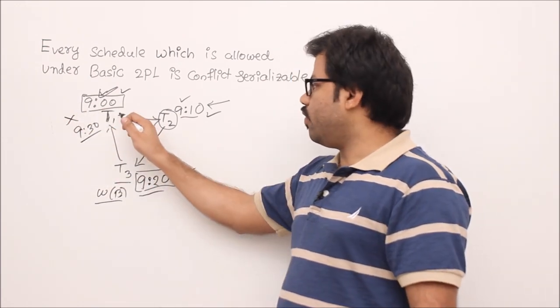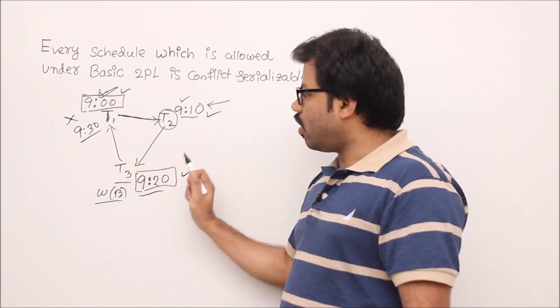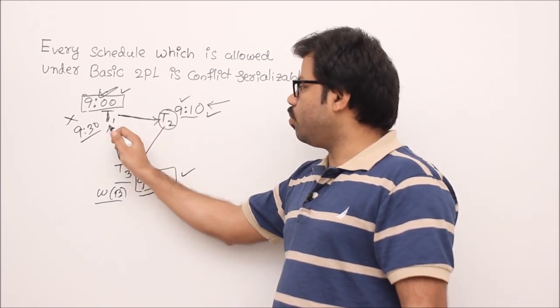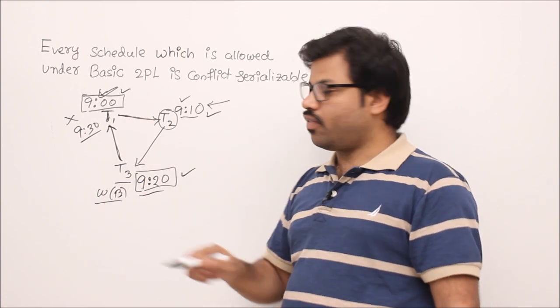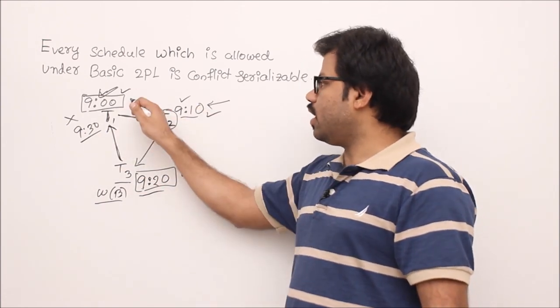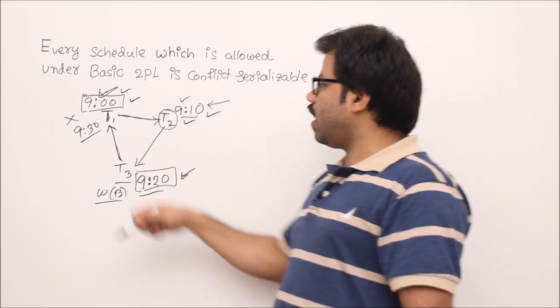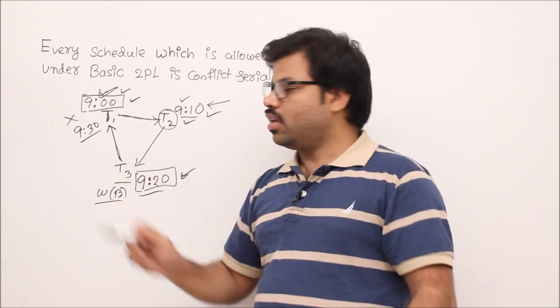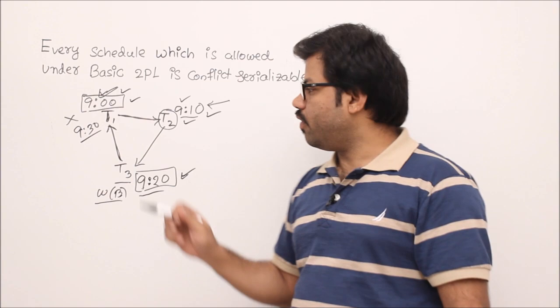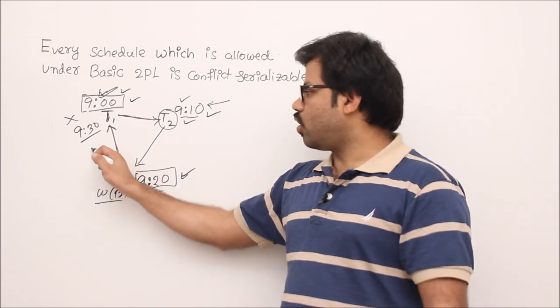Whenever there is a cycle, we thought we could allow it under 2PL. To allow it under 2PL, these are the unlocking times: 9 o'clock, 9:10, 9:20, again 9:30. Then you get a contradiction. That means whenever you get a contradiction, I can say this argument is wrong.